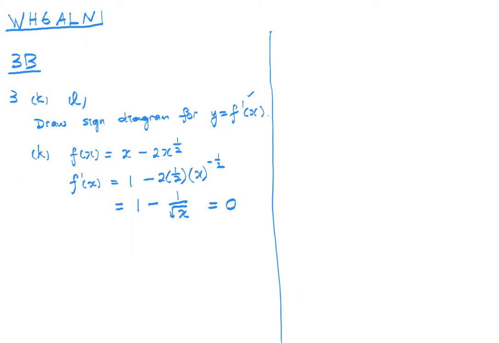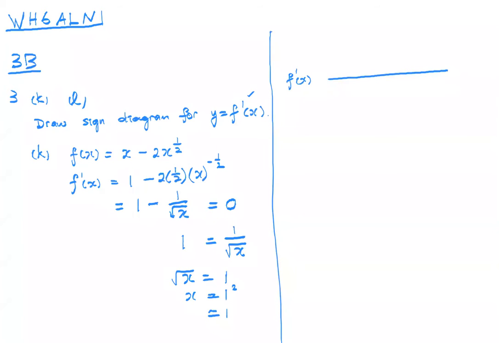So that means 1 equal to 1 over square root of x. So my square root of x will be equal to 1. So x equal to 1 squared, so equal to 1.